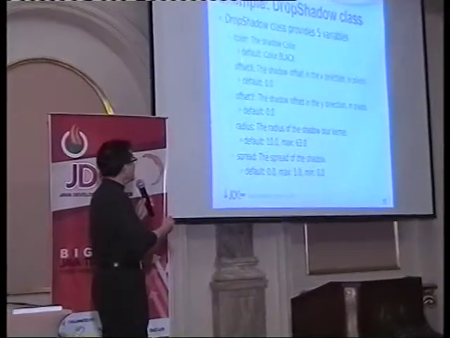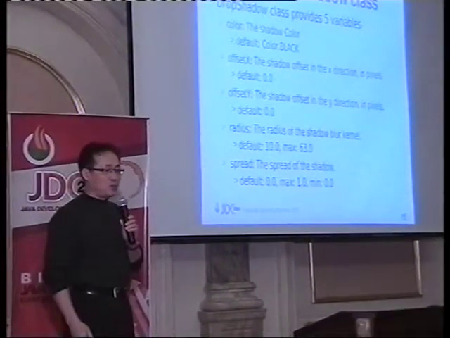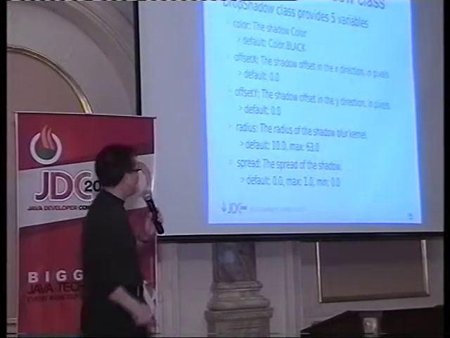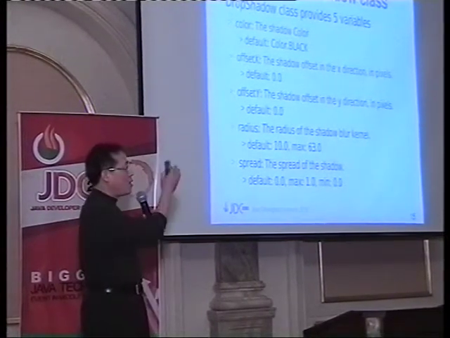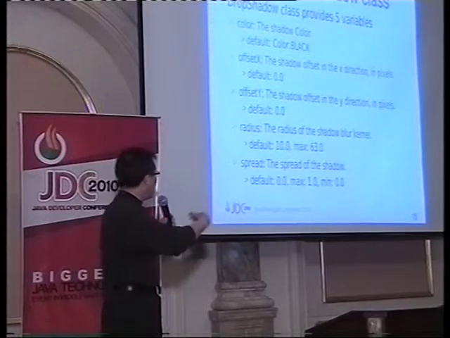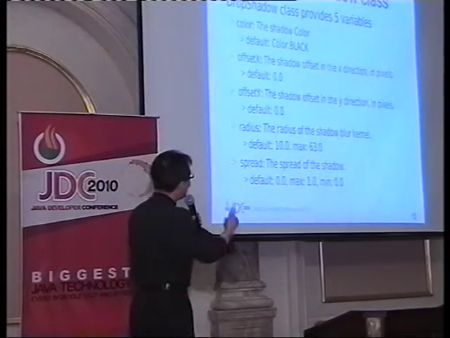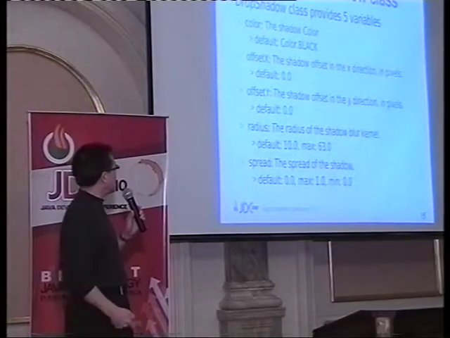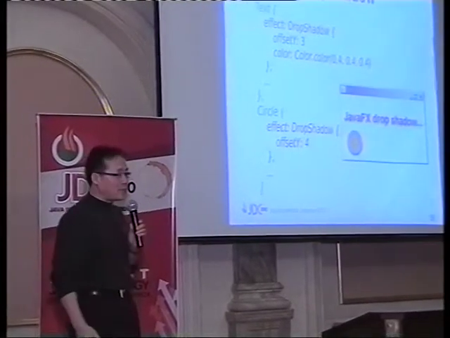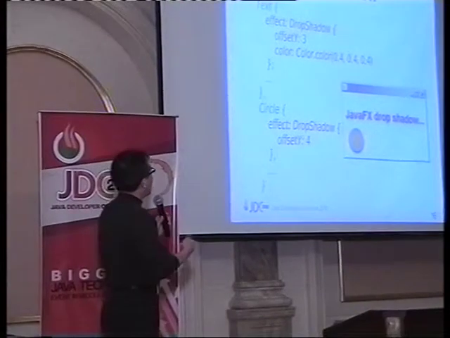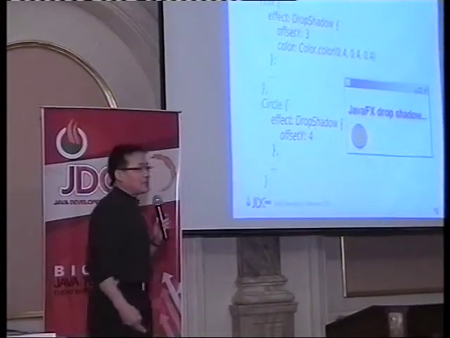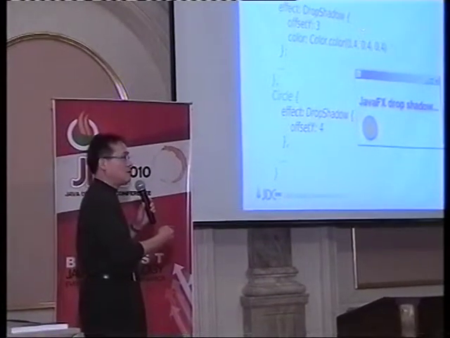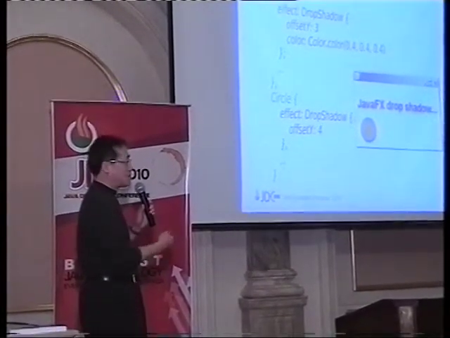These are the set of attributes the drop shadow class has, for example color, offset X and Y, radius, and things like that. So instead of talking about these attributes, let's see an example. I'm defining a text object, and now I'm applying a drop shadow effect to this text.